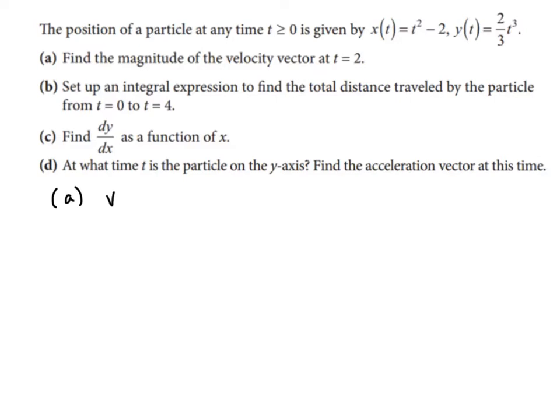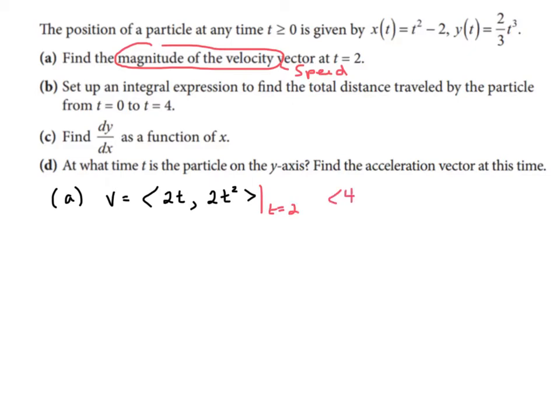Velocity would be the derivative, so it'd be 2t and 2t squared. Now when we say magnitude of velocity, we're talking length, this means speed. It could be asked either way, but this means speed. So the velocity at time 2, if I evaluate, is 4 and 8.